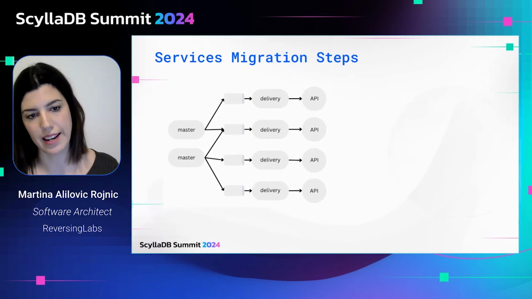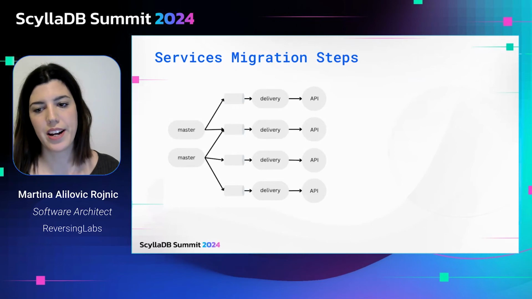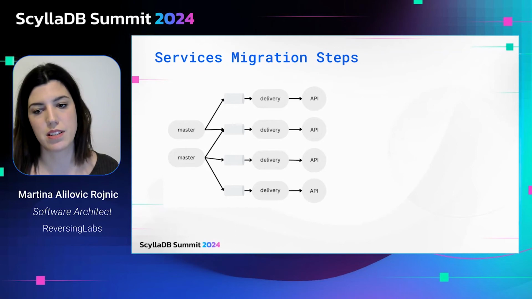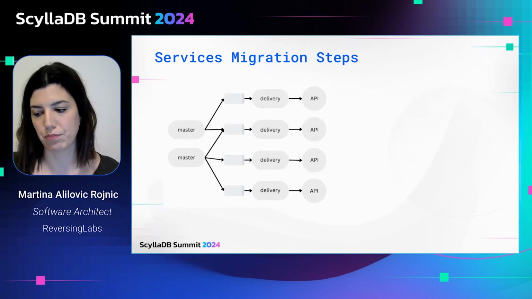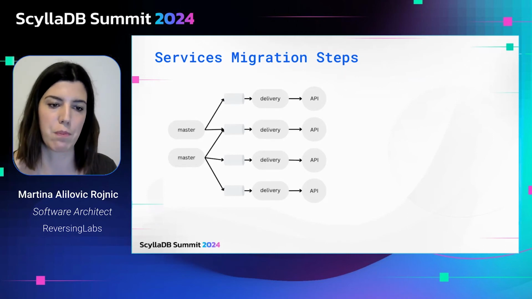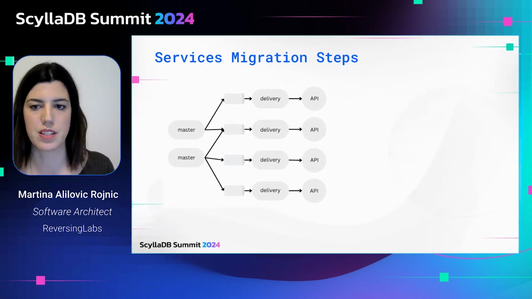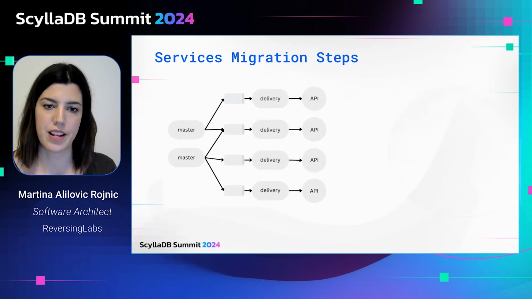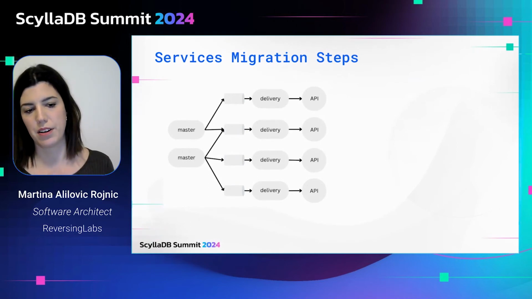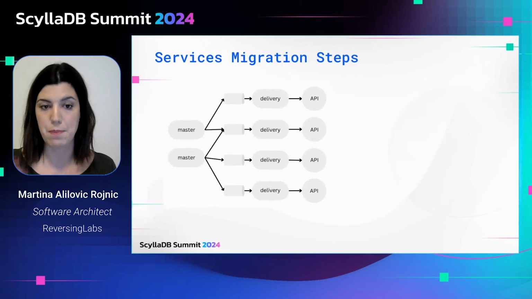Delivery services, next in the pipeline, are the ones combining the data from different master services, maybe calculating something, doing something with the data, combining different inputs. Their purpose is to store the data in a format that makes it very easy for the APIs to read.